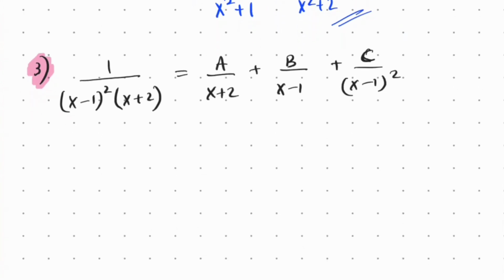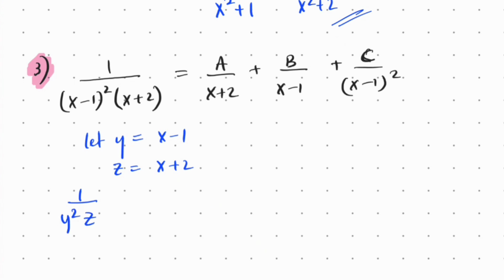Okay, instead of looking at this, let's make it easy. Let's put y equals x minus 1 and say z equals x plus 2. Let's rephrase the problem. The problem that we have is 1 over y squared z, is it?